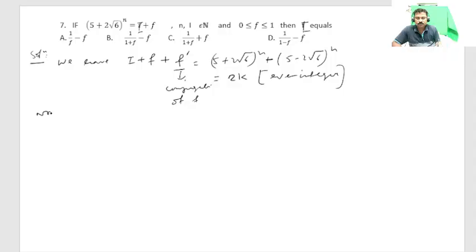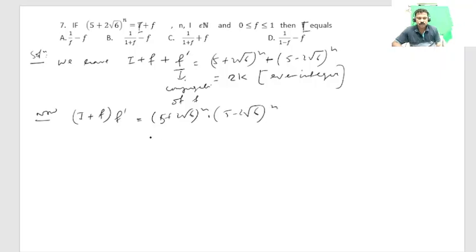Now we have that is I plus f into f prime, that is equals to 5 plus 2 root 6 whole to the power n into 5 minus 2 root 6 whole to the power n. So that is 1 whole to the power n, that is equals to 1. We have this.